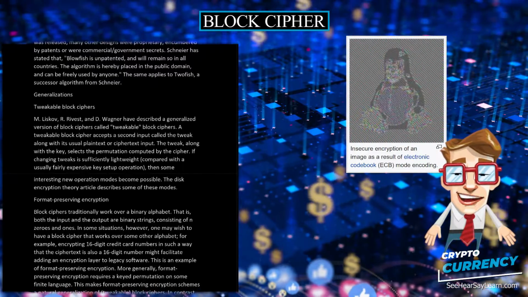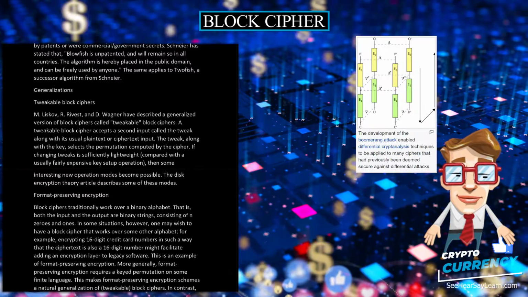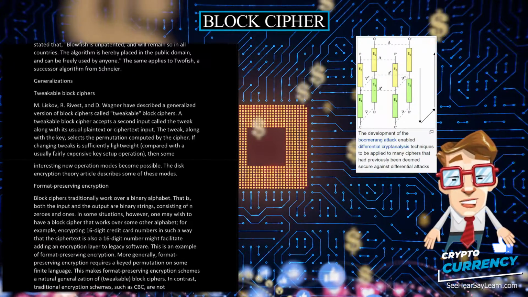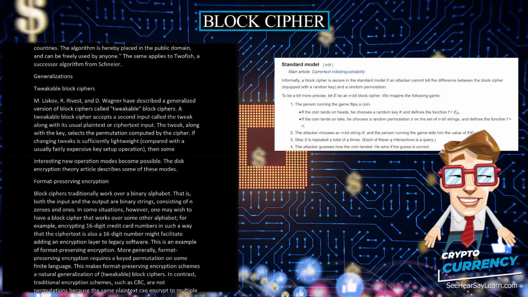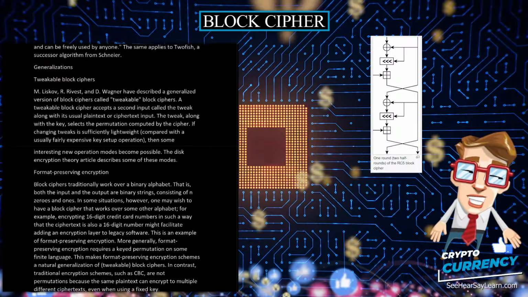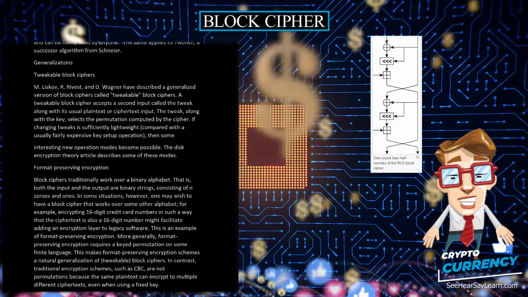This is an example of format-preserving encryption. More generally, format-preserving encryption requires a keyed permutation on some finite language. This makes format-preserving encryption schemes a natural generalization of tweakable block ciphers.